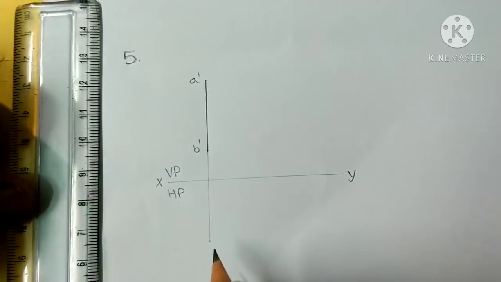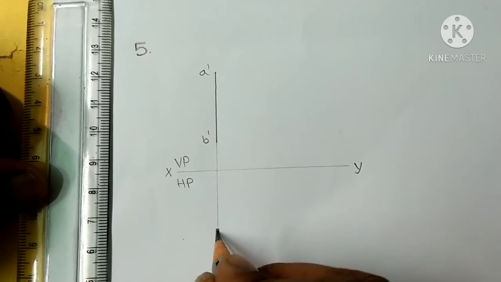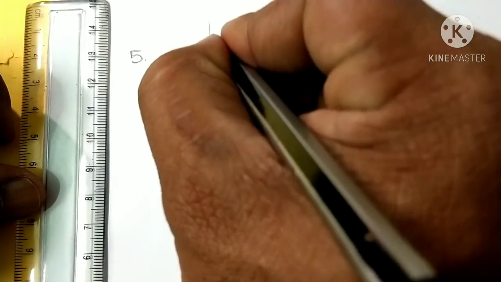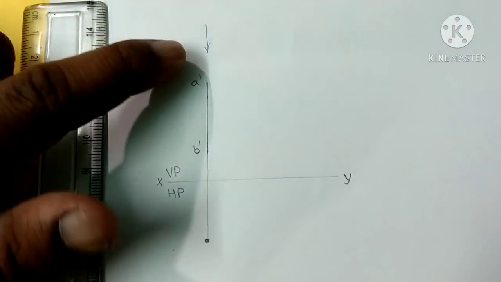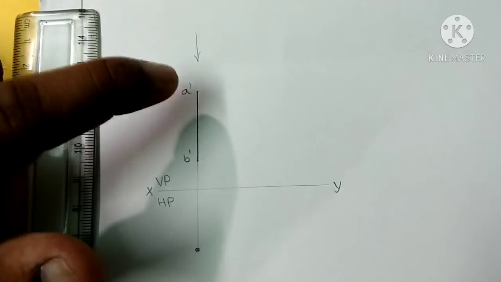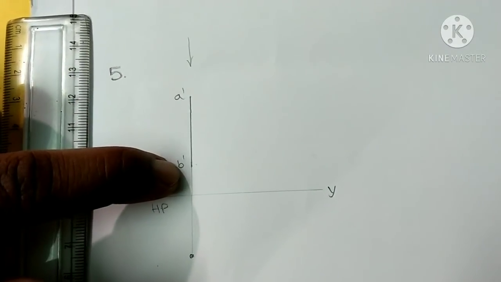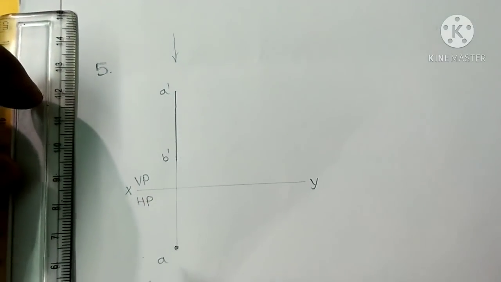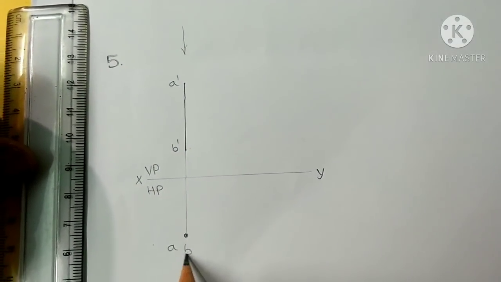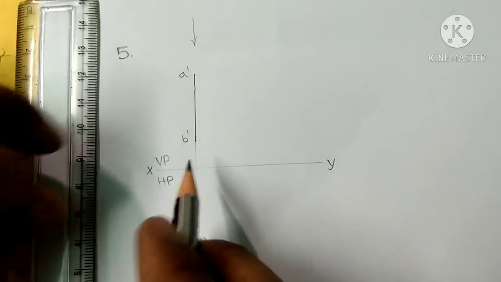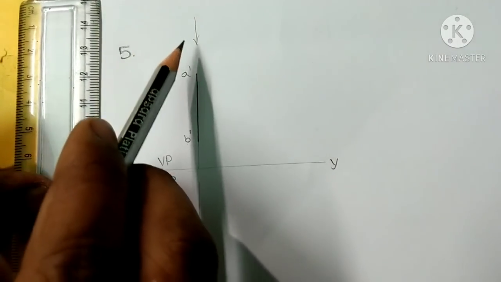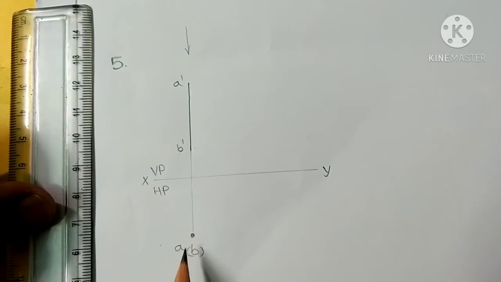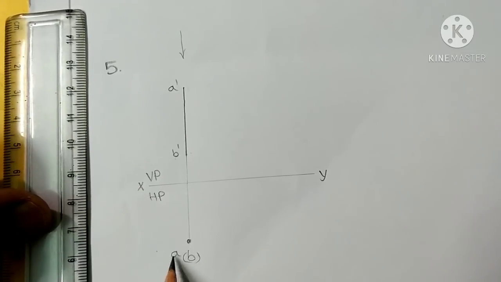We can mark a point, because if we see the line in this direction, only the topmost point is visible, this one is invisible. So we keep point A, the visible point, outside the braces. Point B is invisible, because this point is hidden if we see the line in this direction. So always we should keep invisible points within the braces, visible points outside the braces.